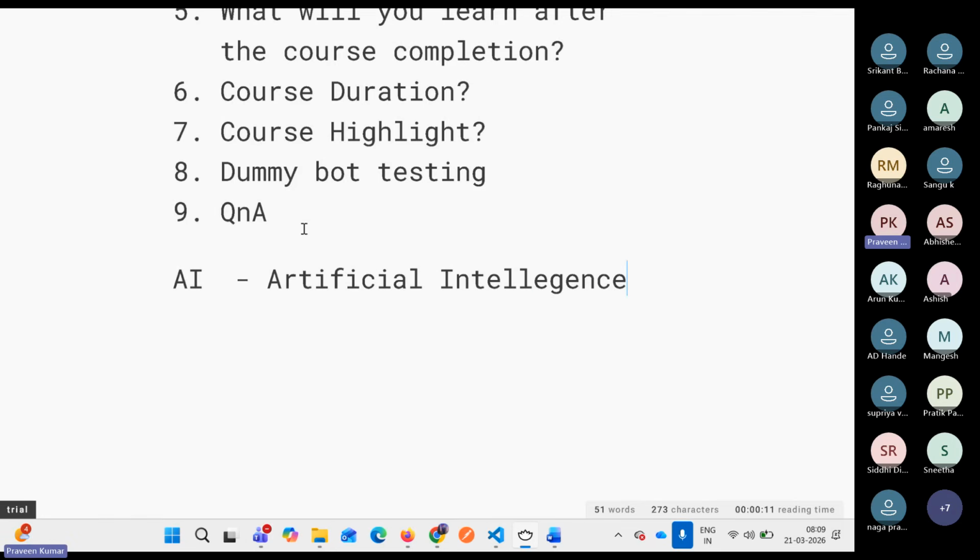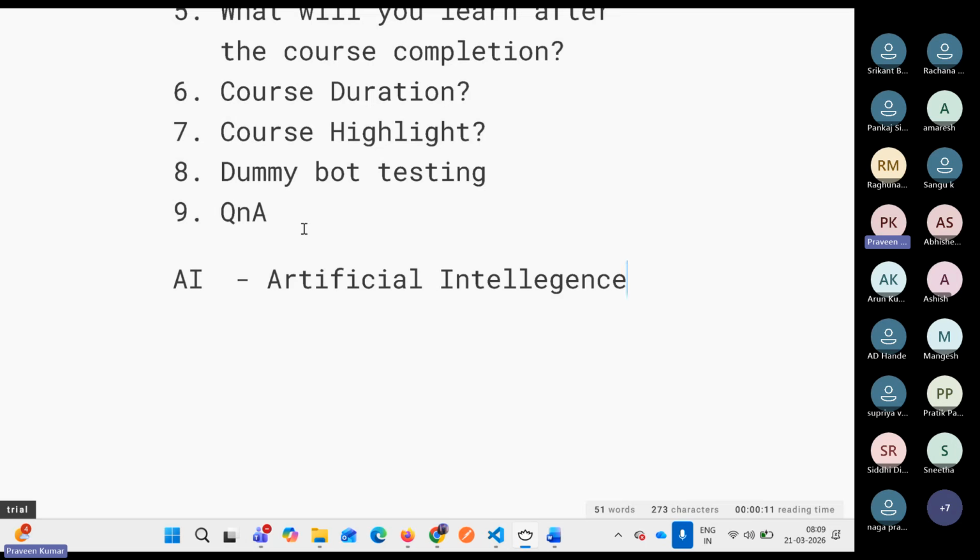There are two types of intelligence. One is natural intelligence, which humans have. Artificial intelligence is something which has been developed by a human being by using some kind of tools and technology, some kind of logic, and so on, right?